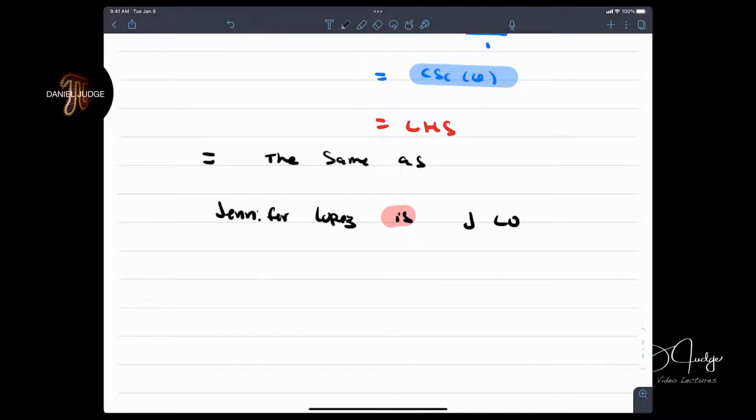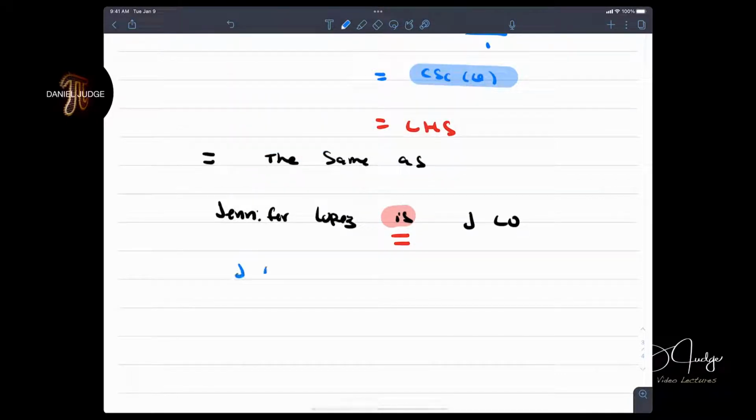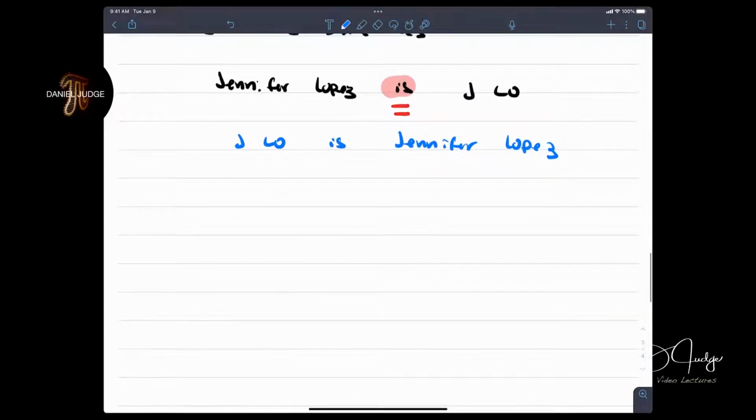That word is same as equal. I can also say J-Lo is Jennifer Lopez. These are considered the same exact statement. So this is what I'm referring to when I say to you guys, I can say the left-hand side is the right-hand side and vice versa.